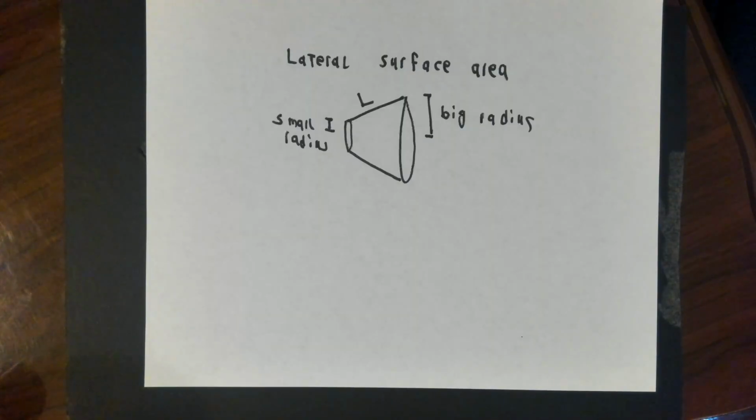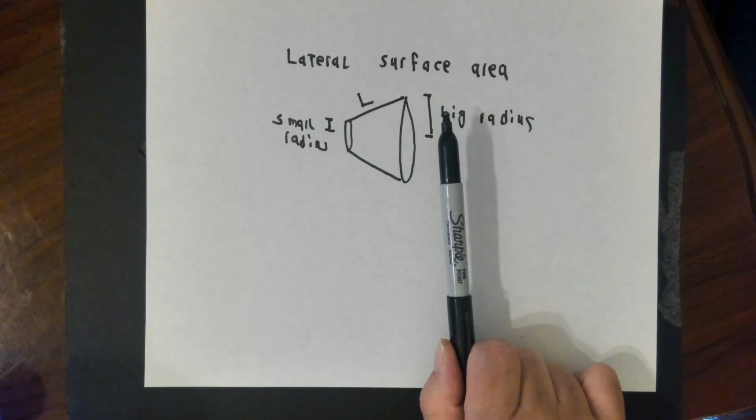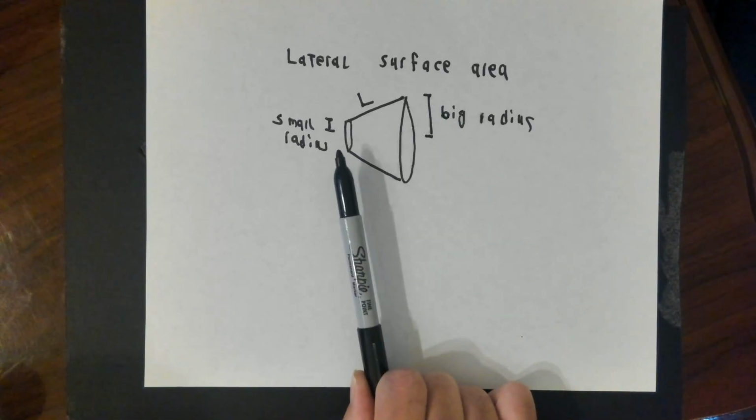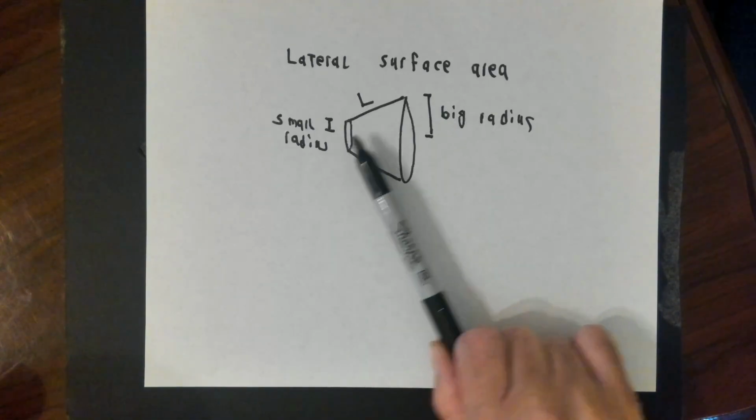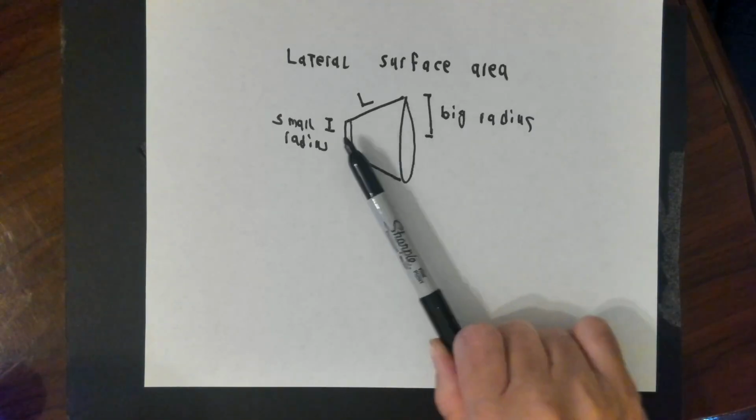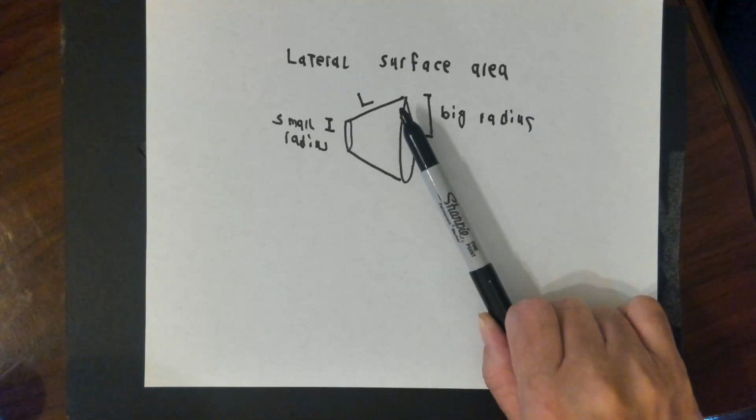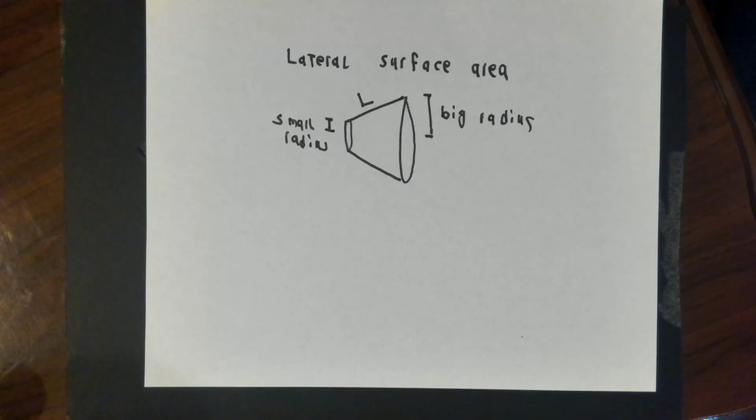This is going to be characterized by three numbers: the larger radius, the smaller radius, and the length along the edge of the truncated cone, which I'll just call L, since pretty soon I won't be calling it a single letter anymore.